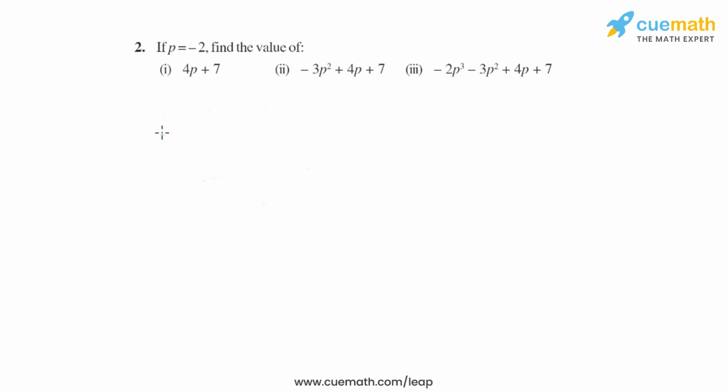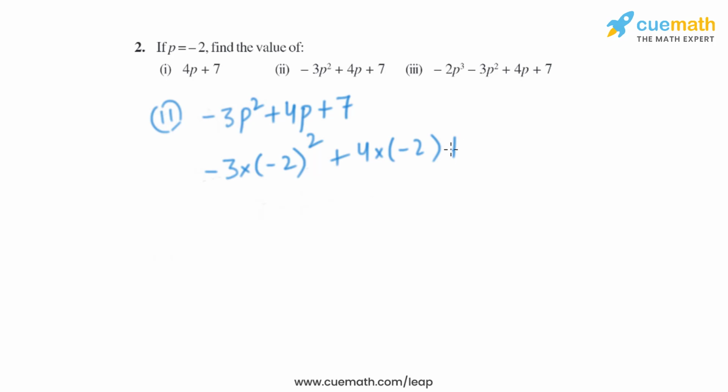Now let's move on to the second part. The expression that is given is minus 3p square plus 4p plus 7. Let's put the value of p. So p is minus 2. So it will become minus 3 into (minus 2) square plus 4 into minus 2 plus 7. Now (minus 2) square will become minus 2 into minus 2, which is same as plus 4.